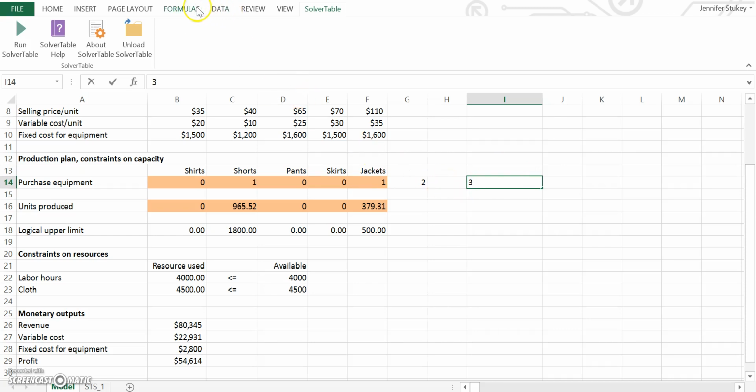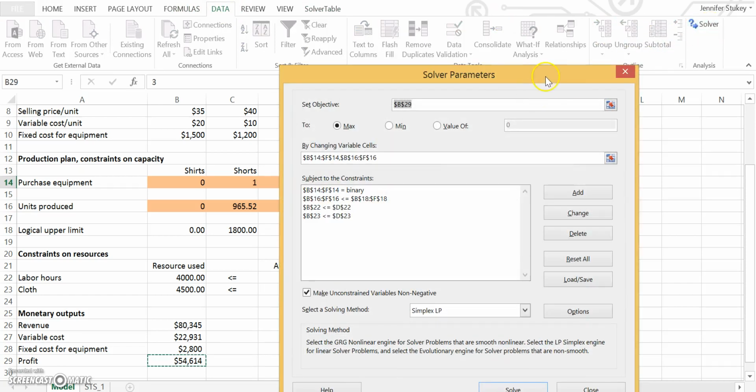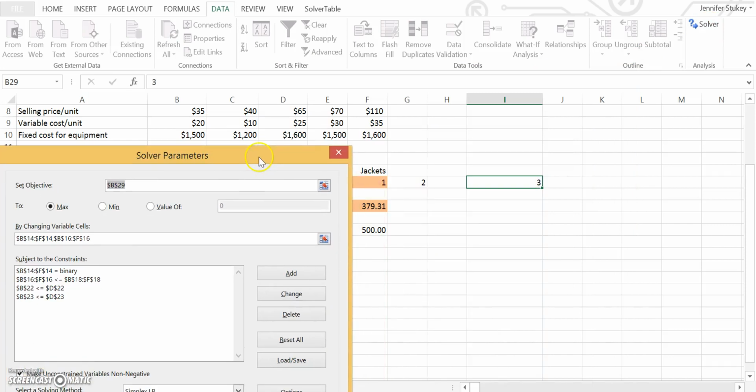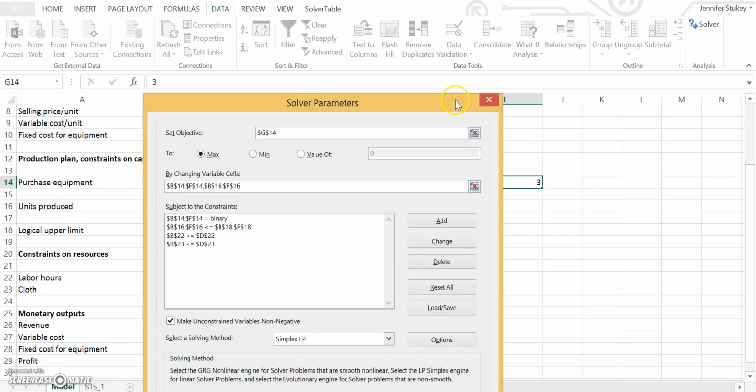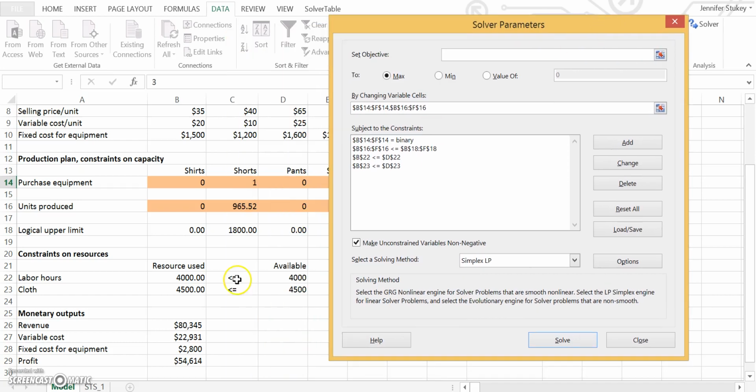So we would have to go back to Solver. Then we would go ahead and add that constraint in there. So we would say that, oh, I didn't mean to change that. That should have gone into the constraint. Sorry, so let me put my profit back there.